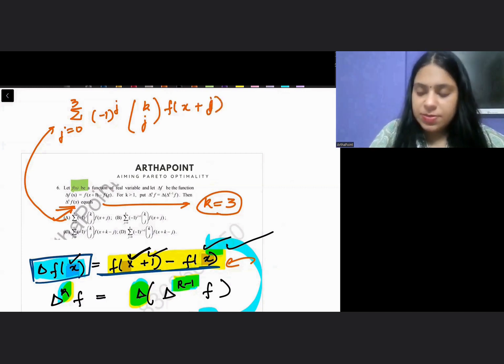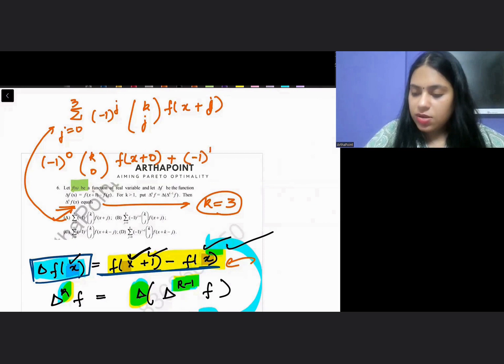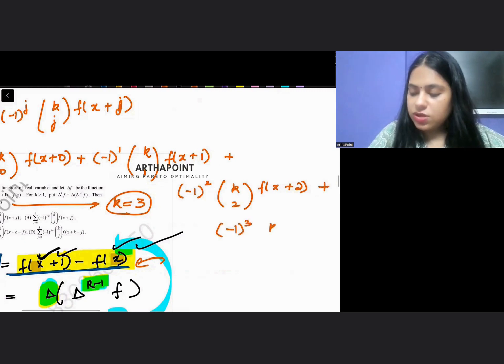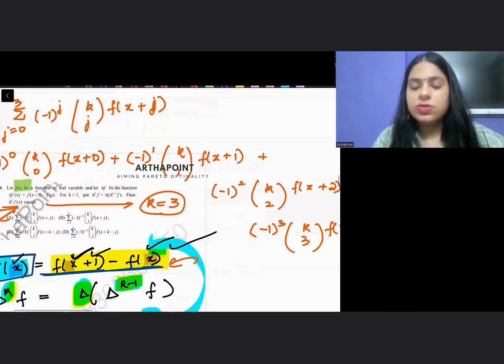So if I open this up, I will get minus 1 to the power 0 kC0 f of x plus 0, plus minus 1 to the power 1 kC1 f of x plus 1, plus minus 1 to the power 2 kC2 f of x plus 2, plus minus 1 to the power 3 kC3 f of x plus 3.